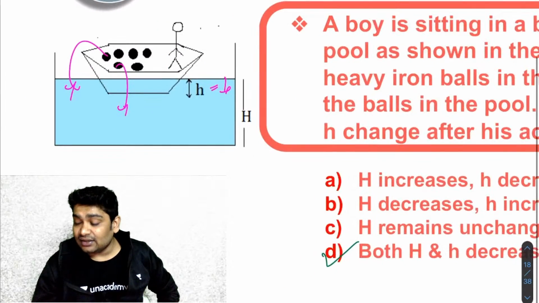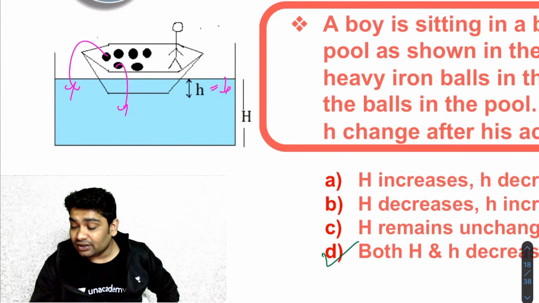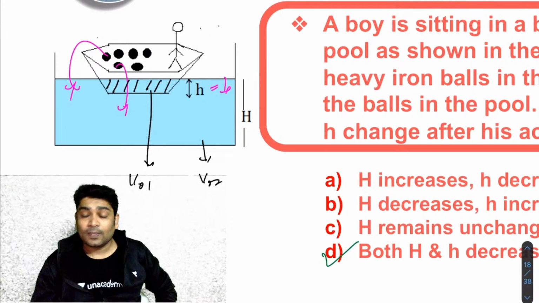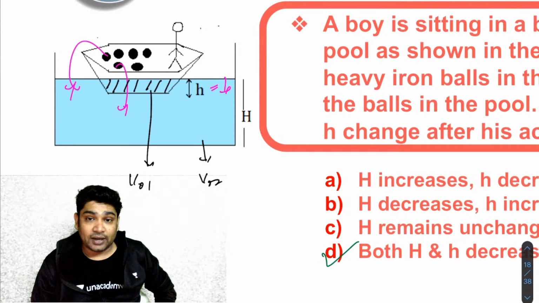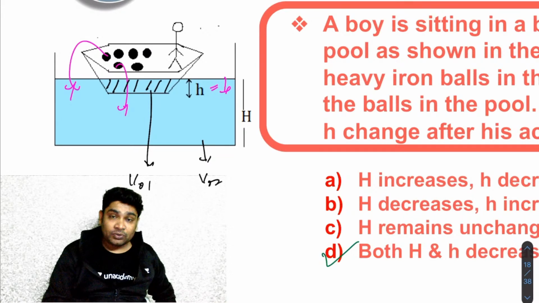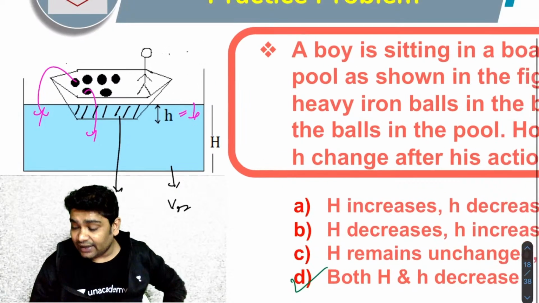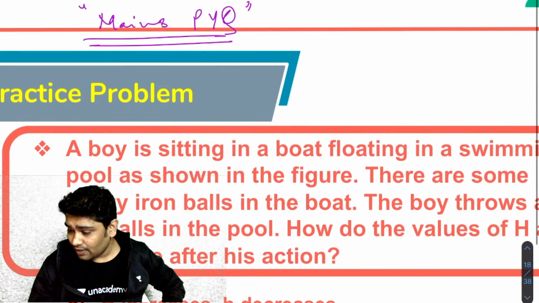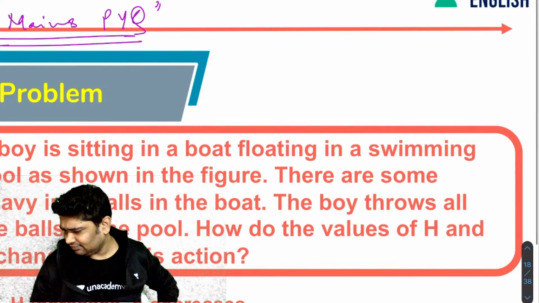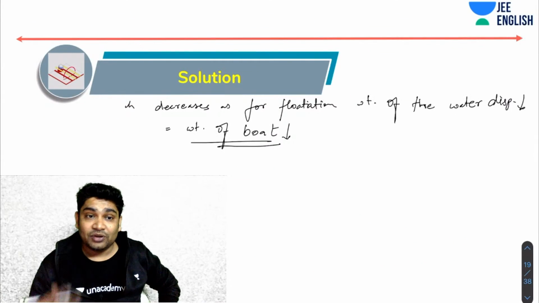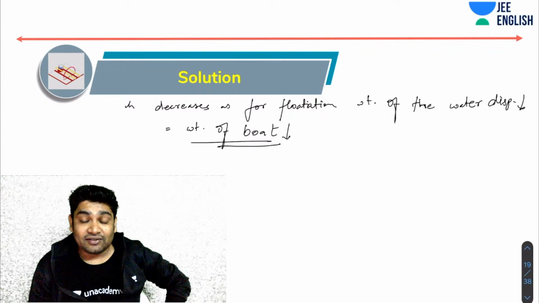Let's consider that initially you had a volume V naught 1 here and V naught 2 here, before you threw the balls out. Inside the boat you have masses of two things, the boat itself and the balls.